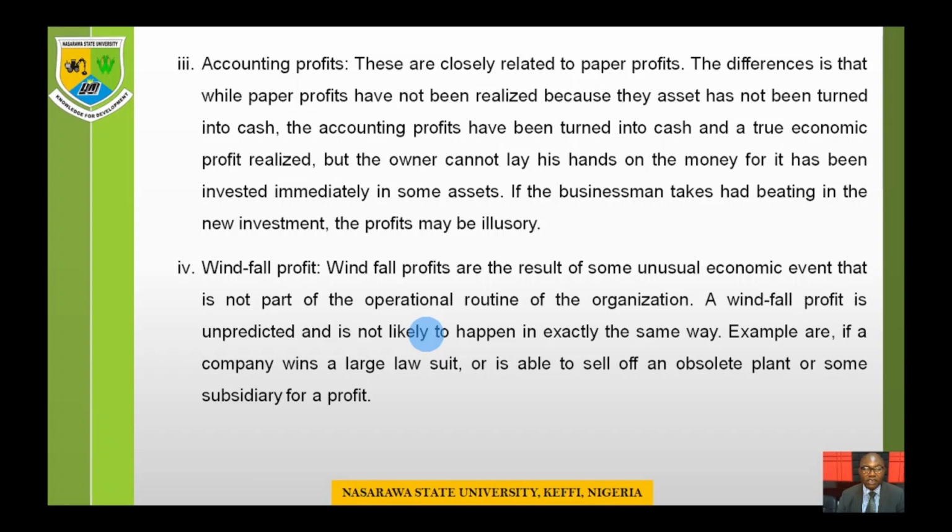The next, number 4, windfall profit. Windfall profits are the result of some unusual economic event that is not part of the operational routine of the organization. A windfall profit is unpredicted and is not likely to happen in exactly the same way.